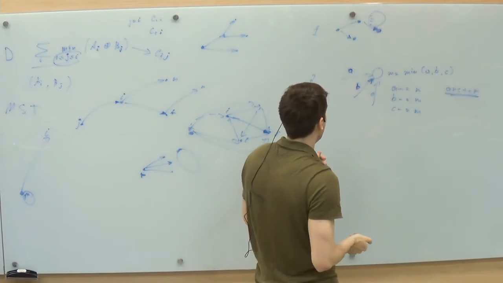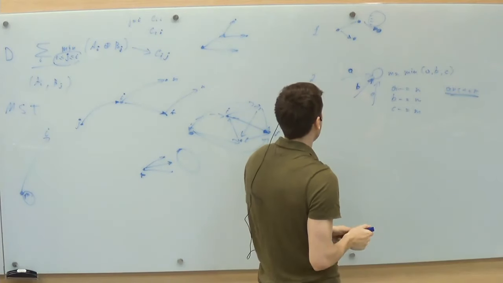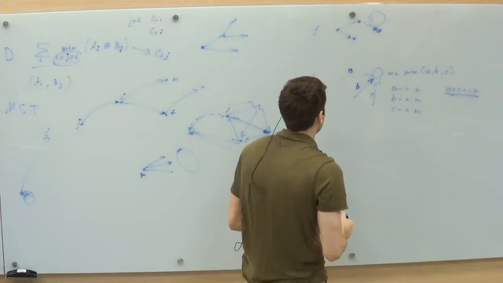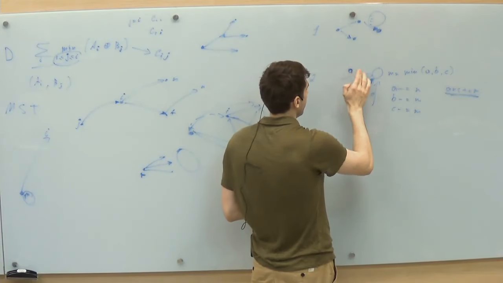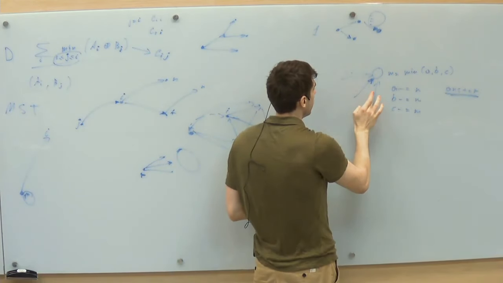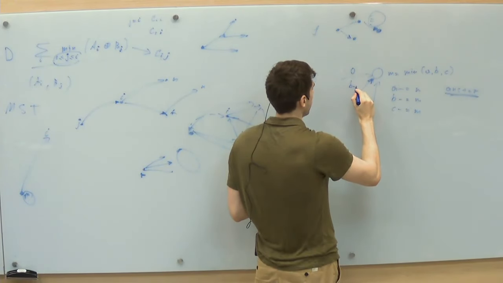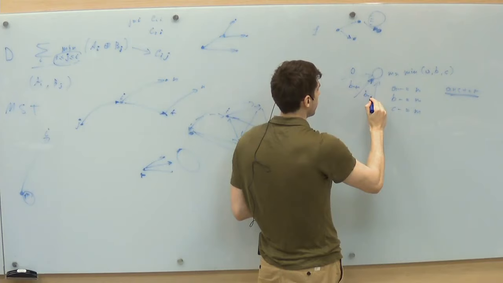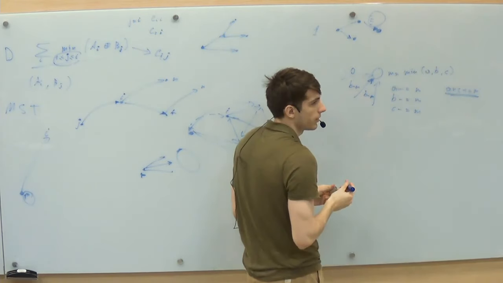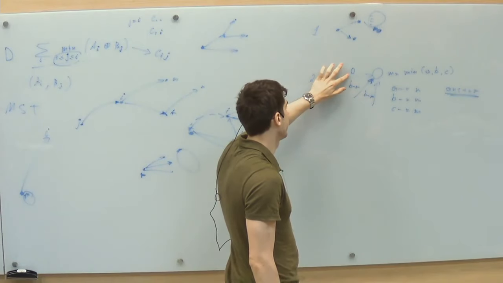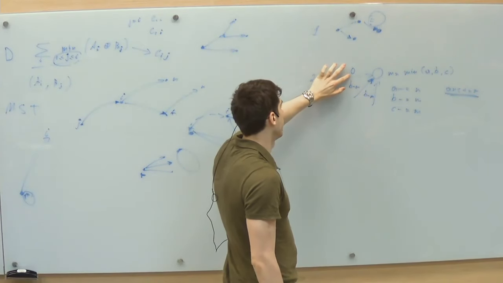But what is the point of doing this? After we have subtracted the minimum, we know that at least one of the weights will become zero, because where the minimum is achieved, after subtraction we will have 0 weight on this edge.